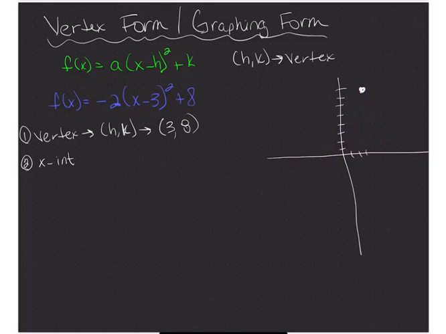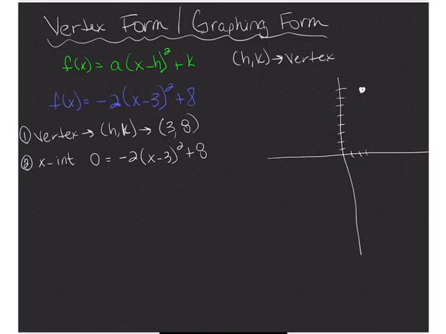So you have a couple options on these. We know that when crossing the x-axis, our y value is going to equal 0. So we would have 0 equals negative 2 times x minus 3 squared plus 8.